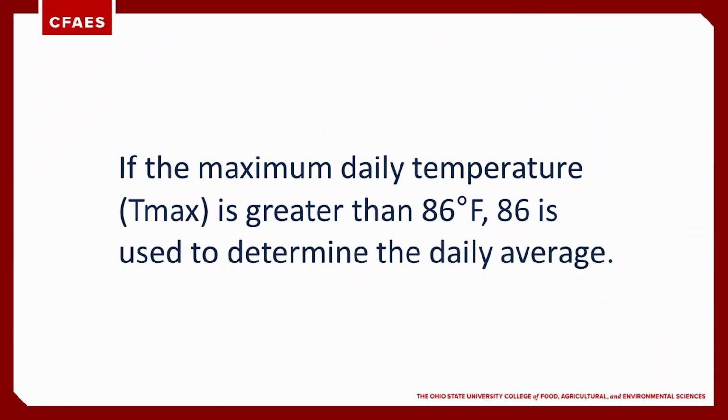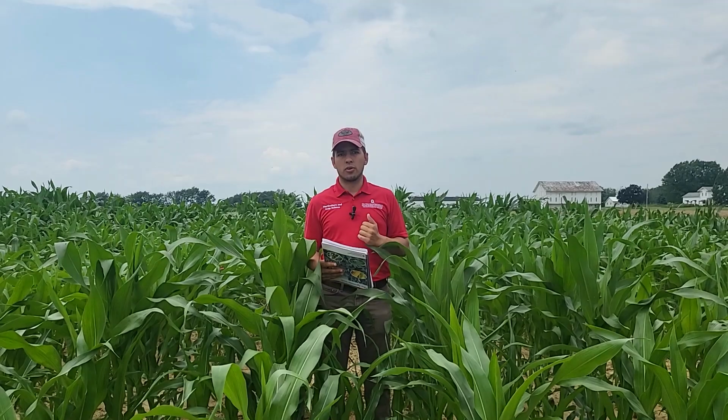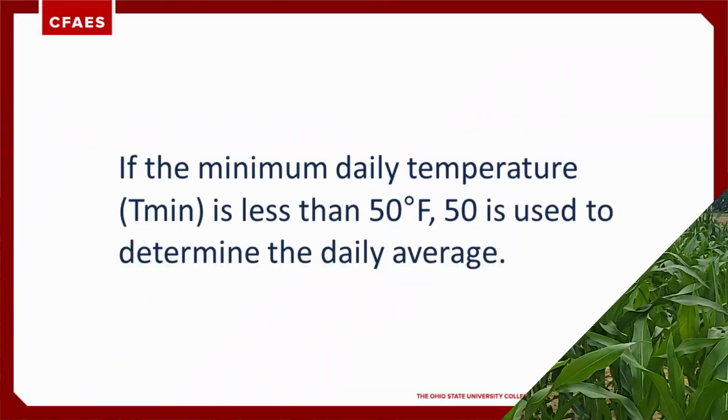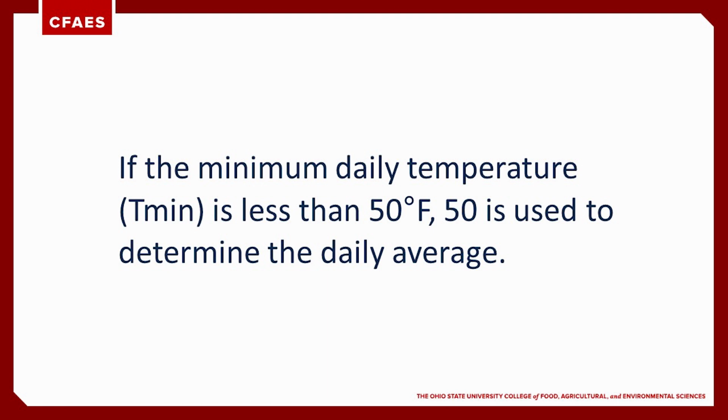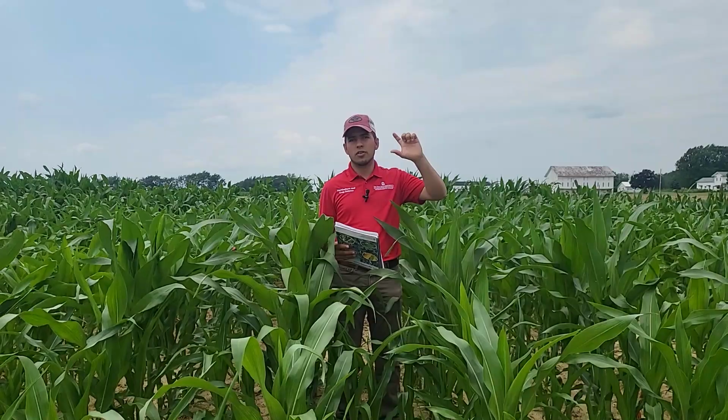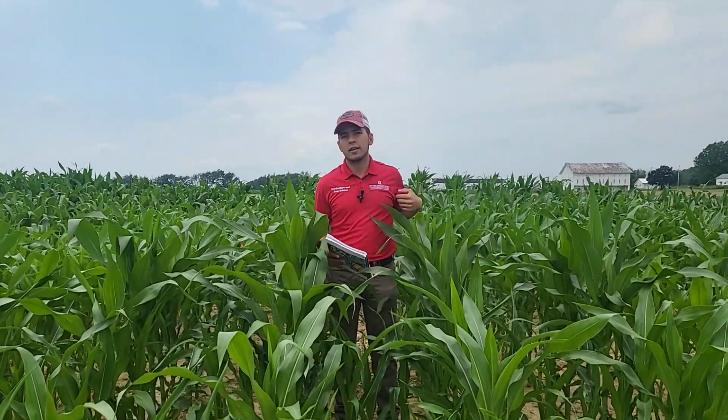If it is warmer than 86 degrees Fahrenheit in the day, the plant will cease that growth. If temperatures at the other end are cooler than 50 degrees Fahrenheit, growth of the crop will also be quite decreased. Because of that, we exclude those external numbers.